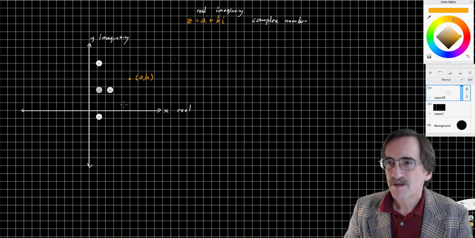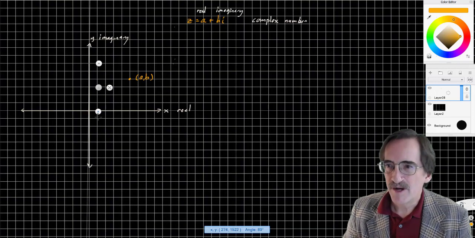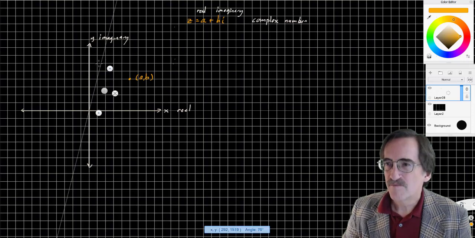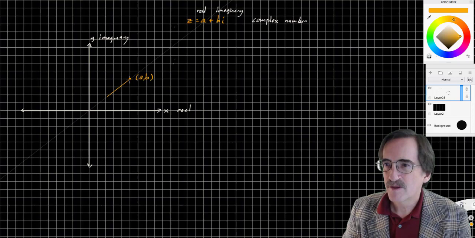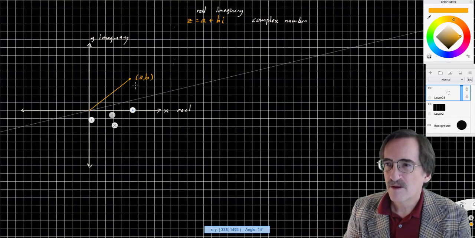Now, as you well imagine here, we can superimpose a right triangle.